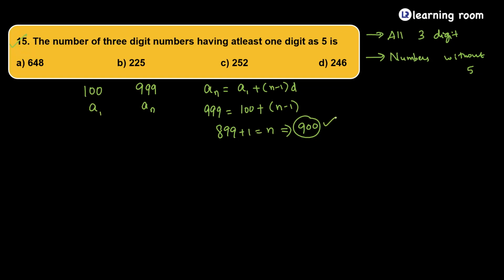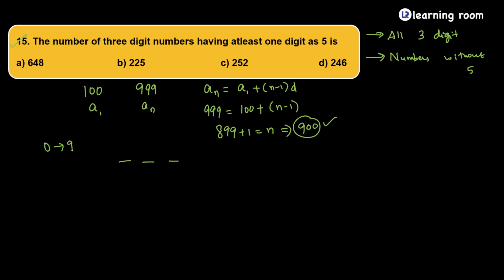Out of the 900 3-digit numbers, we need to find out how many numbers do not have 5 in them. So 3 digits are there, 3 blank spaces, and I have the digits between 0 to 9. For me to find the numbers which do not have 5, what are the conditions to be satisfied?